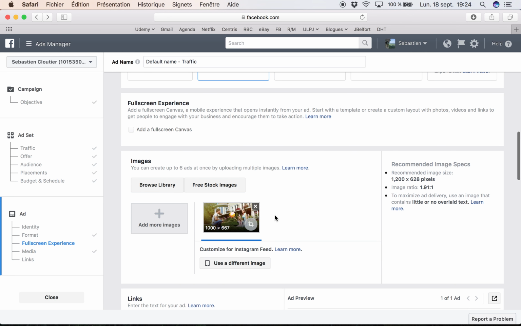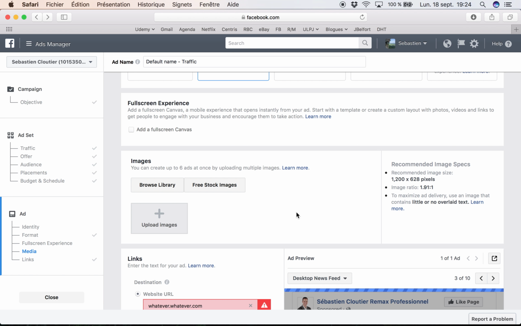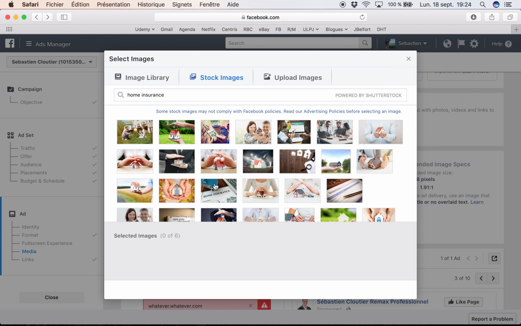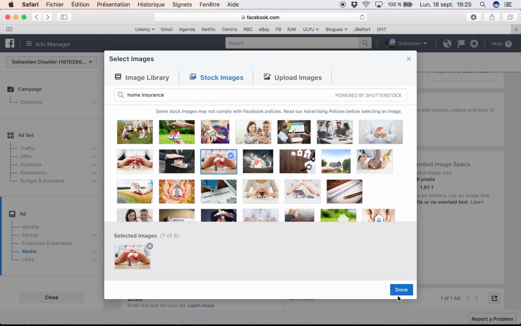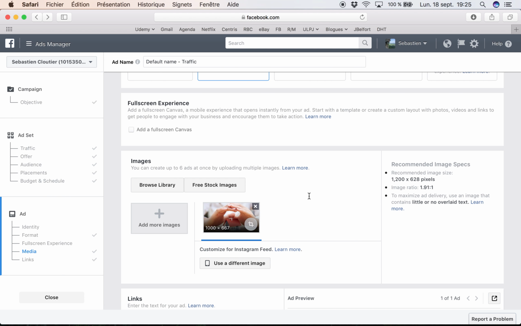If I was going to place an ad for, let's say, mortgage insurance, let's do that now. As I said, we know this one usually works quite well. Let's click done.